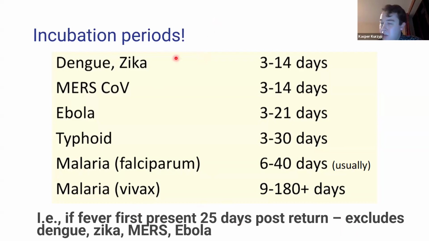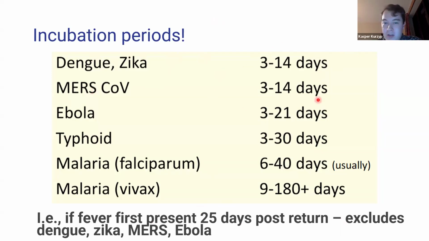And what do incubation periods tell you? If it was dengue, they would have gotten their symptoms maximum 2 weeks after the last possible exposure. If it's 25 days post-return, it's not dengue. You cross it out of your list.